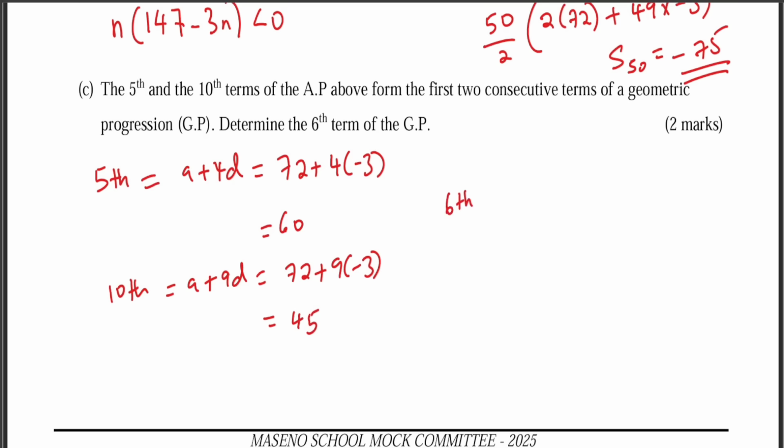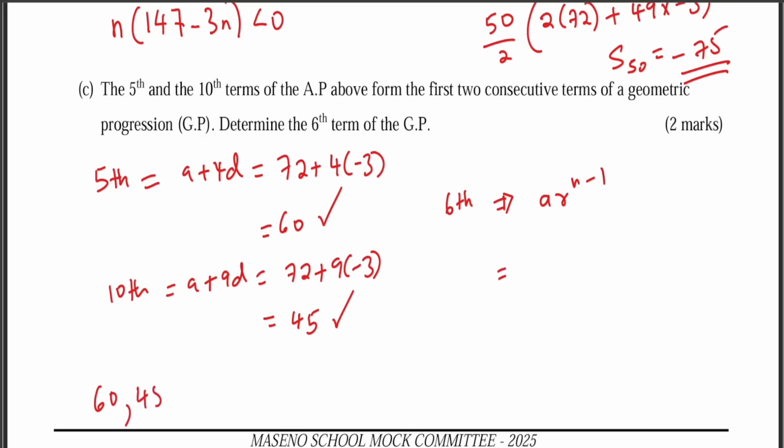Now let's determine the sixth term of the GP. The nth term of the GP is given by a r to the power n minus 1. So if your first term is 60, your second term is 45, because they tell you that the fifth and the 10th form the two consecutive terms of the GP.